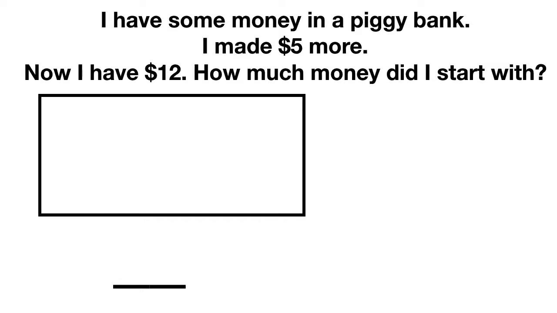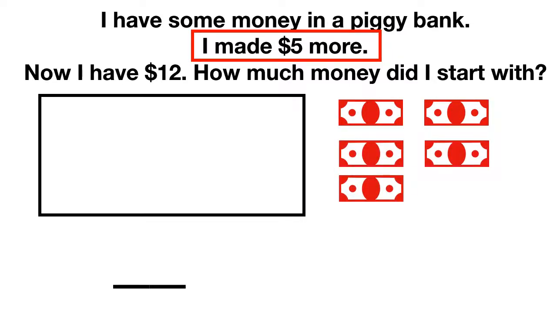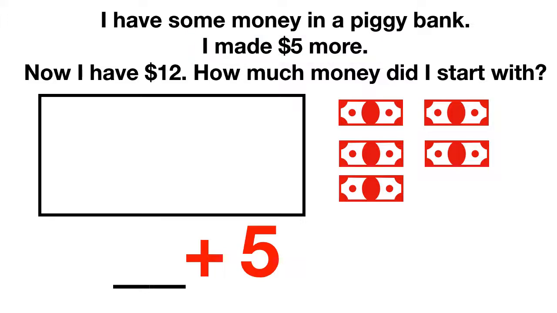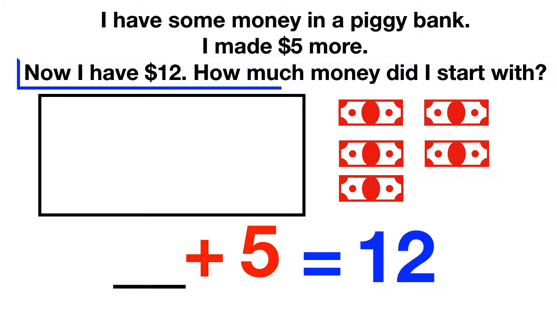Then the problem says I made $5 more. Well, $5 is exact. We can draw 1, 2, 3, 4, 5 more dollars. And because we're getting more dollars, we can say that we are adding 5 in our number sentence. Next, the problem says, now I have $12. How much money did I start with? Well, we know this means that altogether, my money has to equal $12.